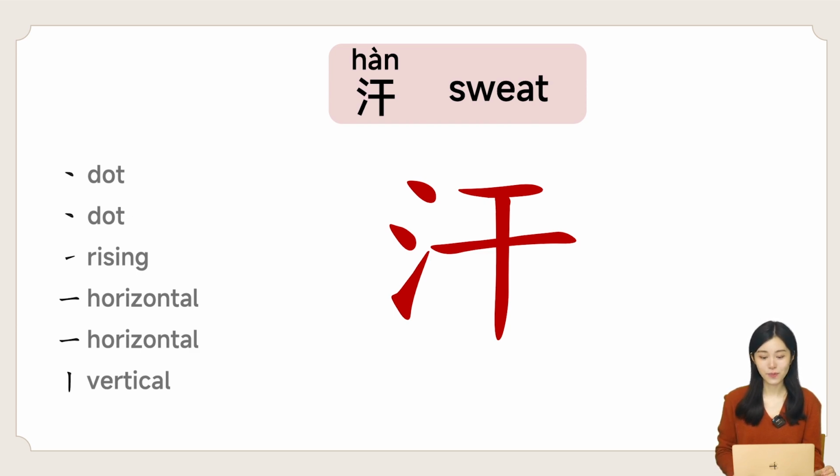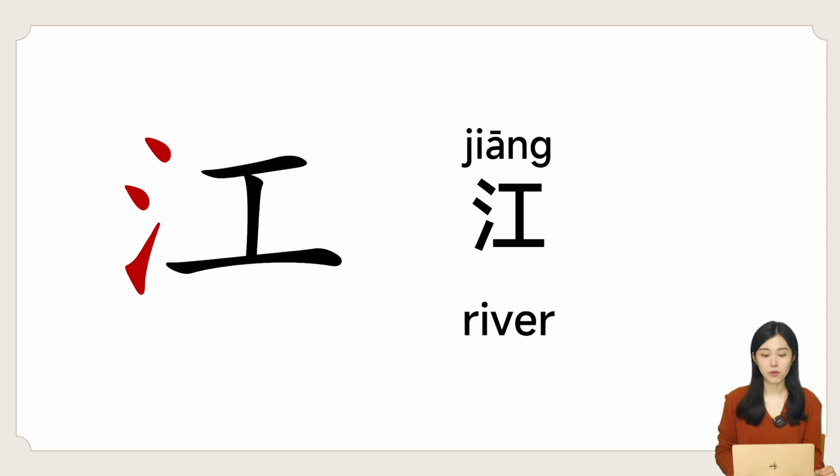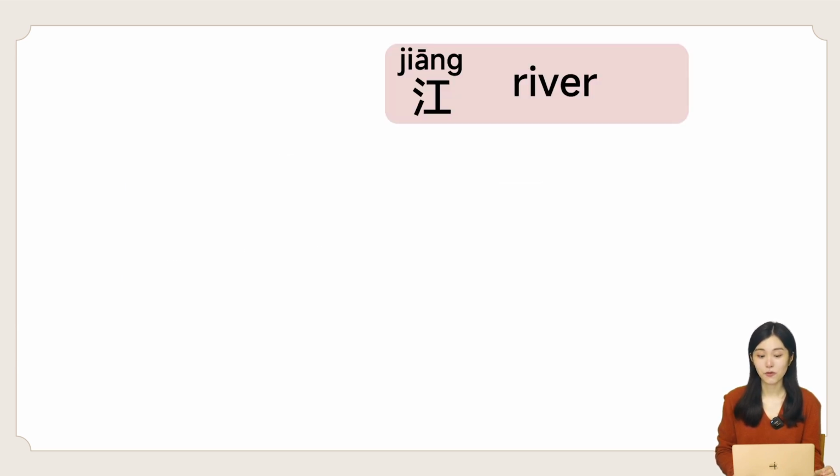Great. Next character with water radical. 江 means river. Please read it after me. 江. See how to write it. First, we should write the water radical.